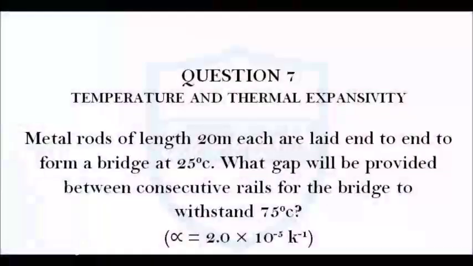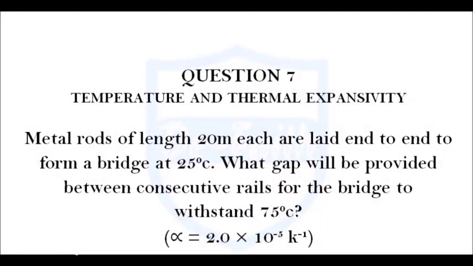Question says metal rods of length 20 meter each are laid end to end to form a bridge at 25 degrees Celsius. What gap will be provided between consecutive rails for the bridge to withstand 75 degrees Celsius? Taking the linear expansivity of the metal to be 2.0 times 10 raised to the power minus 5 per Kelvin.